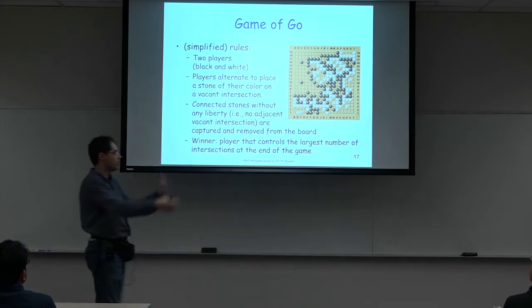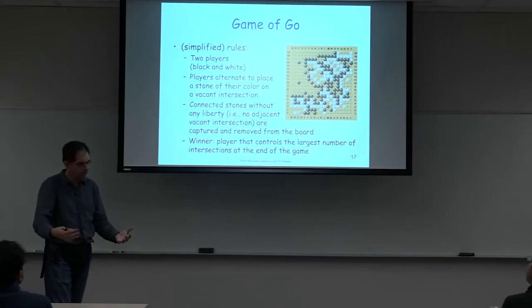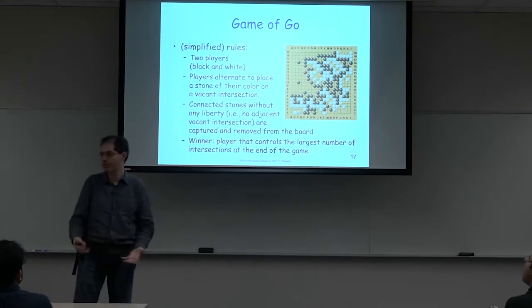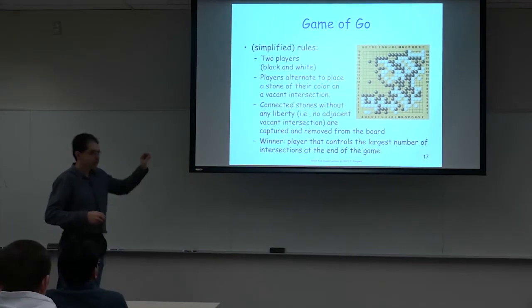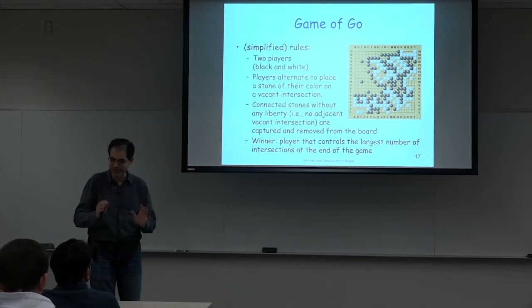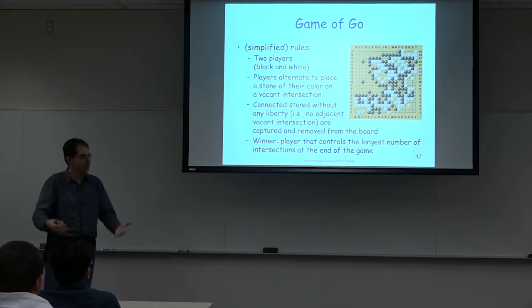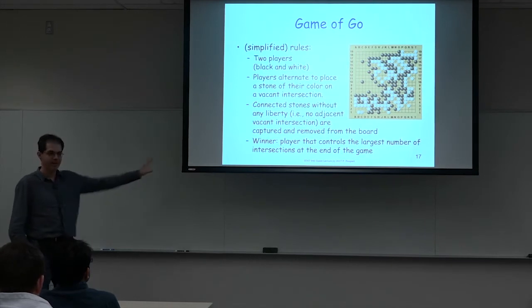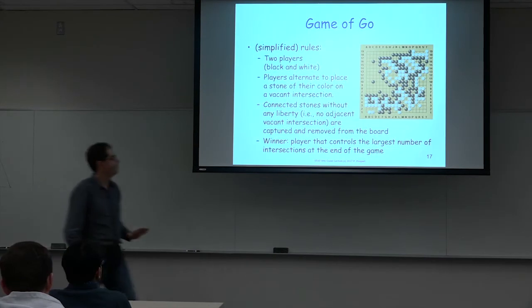Then we count all the stones of each player and the regions that they control to determine the score. So that's at a high level. There are a few additional rules, but these are the main rules, and that's really what you need to know at this point. Any questions about this? Okay, good.